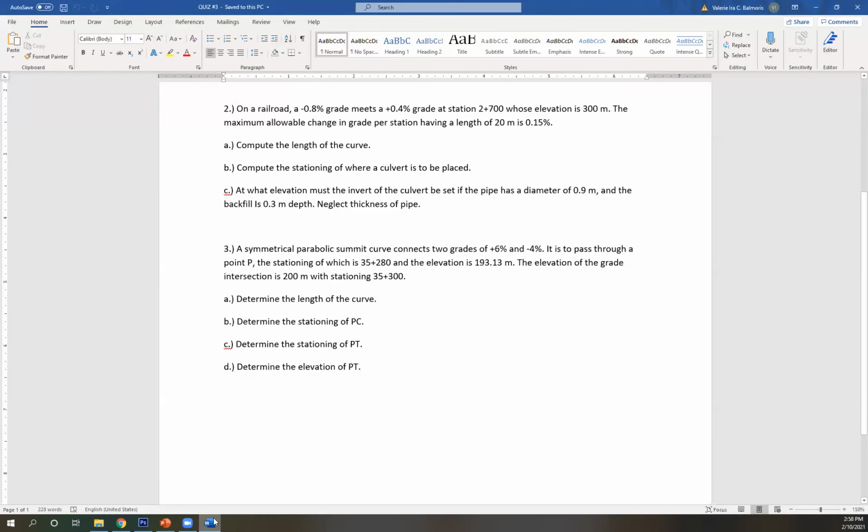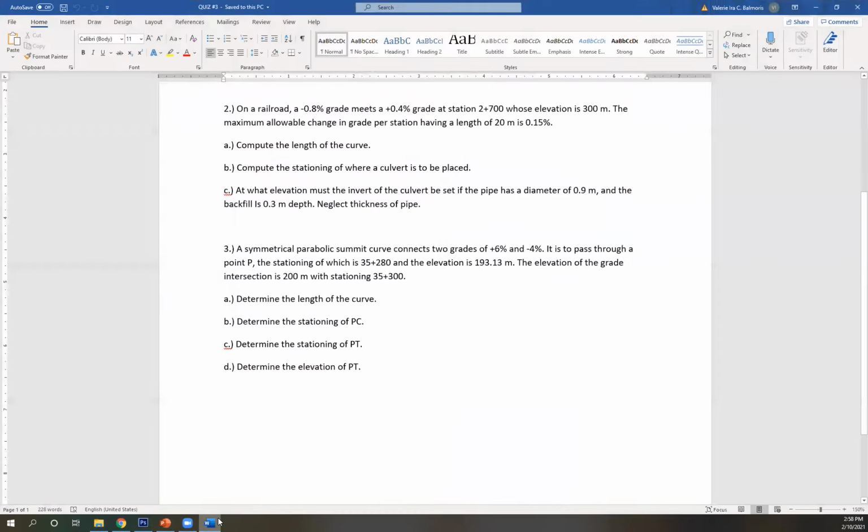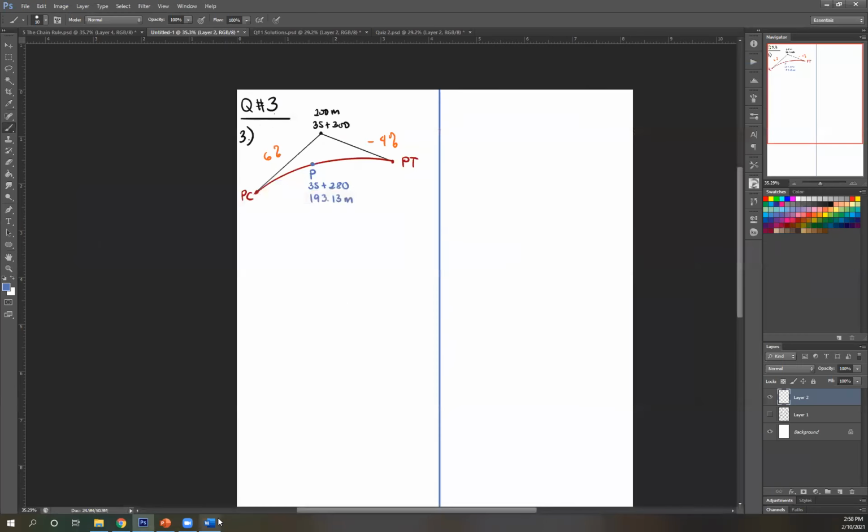And then elevation 193.13. We're looking for length of curve. Okay. Let's start. We're looking for L.